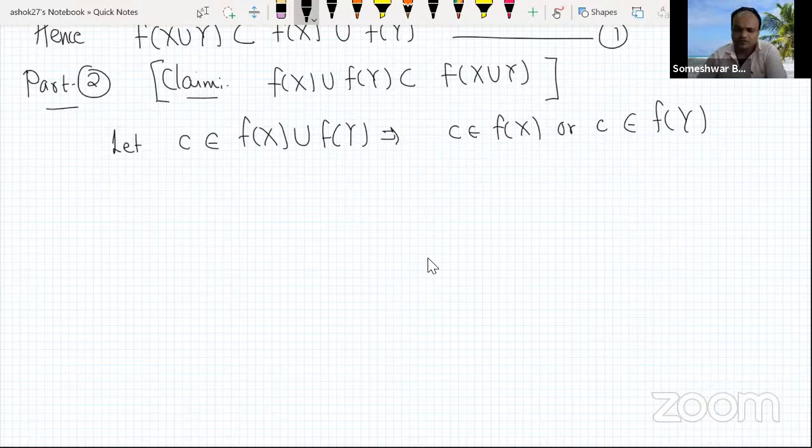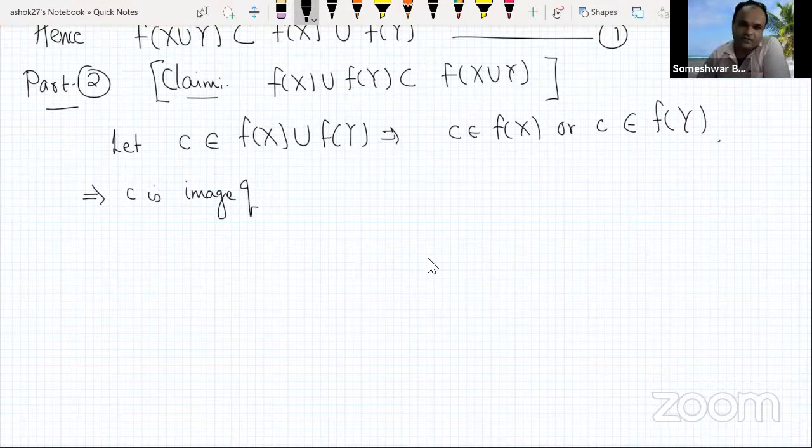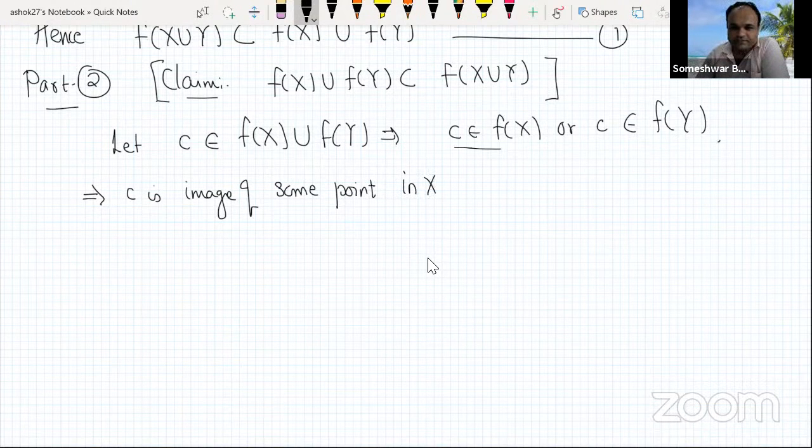So what is the meaning of this? I'm writing c belongs to f of x, meaning c is an image of some point in x.